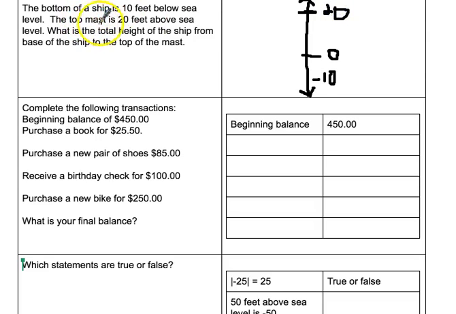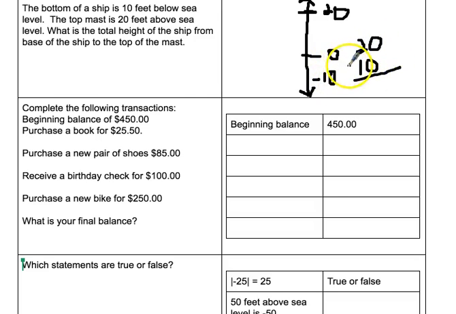What is the total height from the base of the ship up to the top of the mast? Well, to go from negative 10 to 0, I need to go 10 spaces. To go from 0 to 20, I need to go 20 spaces.